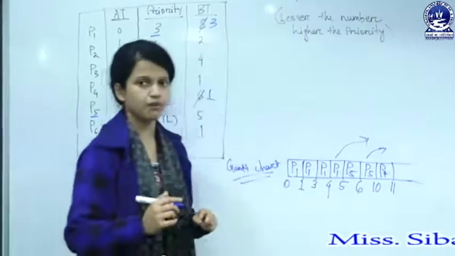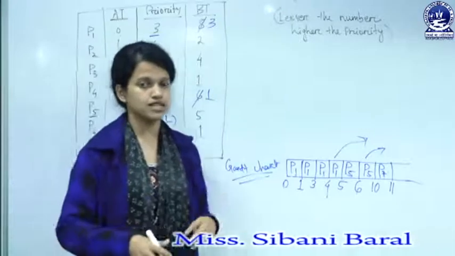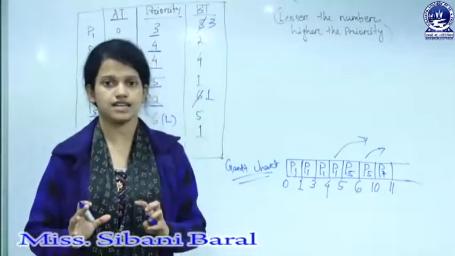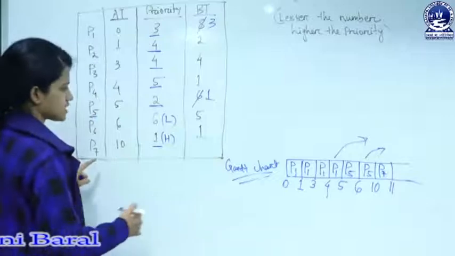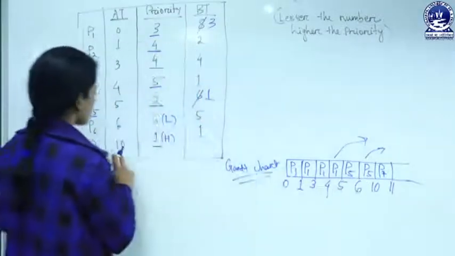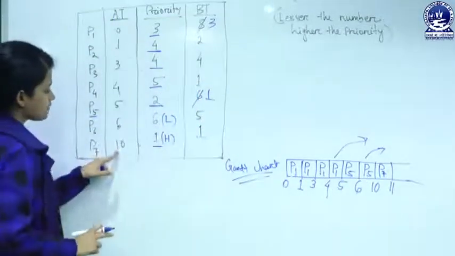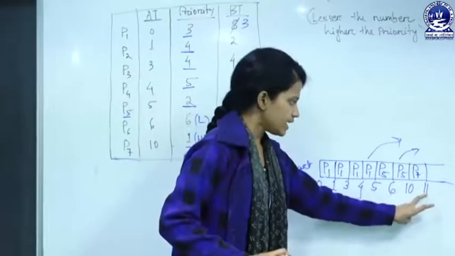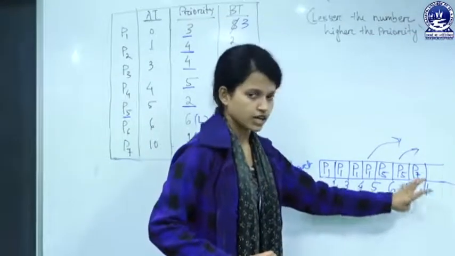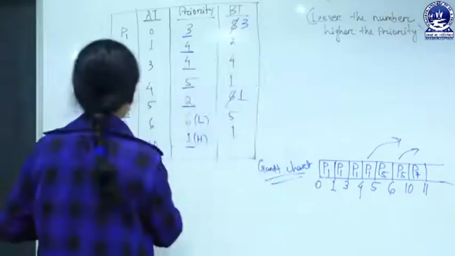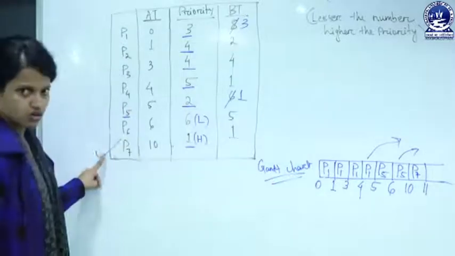So we reached a point where all the processes have come in the ready state. Okay, at time 10, all the processes have arrived at the ready state. So at 11 milliseconds, P7 is now completed. P7 is done. Okay.